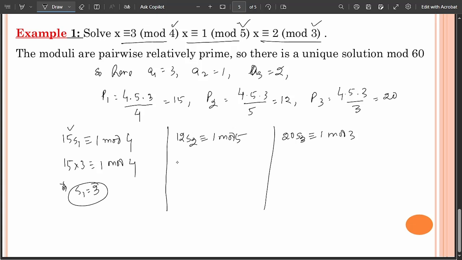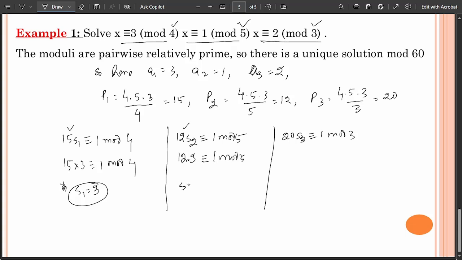Similarly, in the second case, 12 is congruent to 2 modulo 5. When 12 twos, 24, are divided by 5, the remainder is 4. But 12 threes are 36, which divided by 5 gives remainder 1. So 36 is congruent to 1 modulo 5.